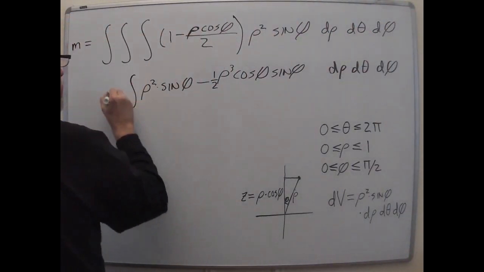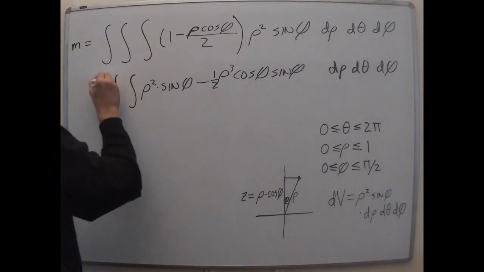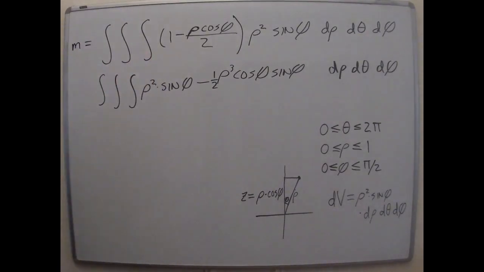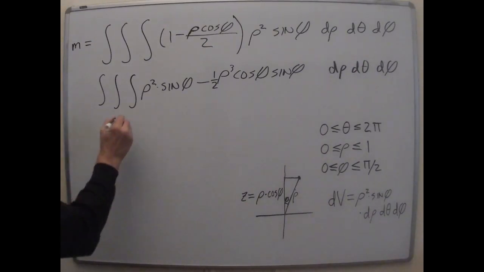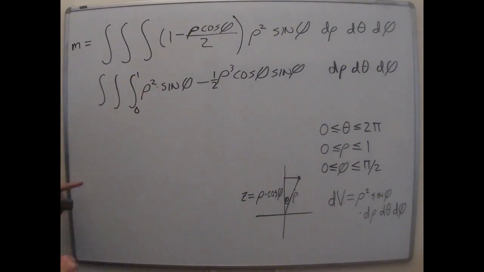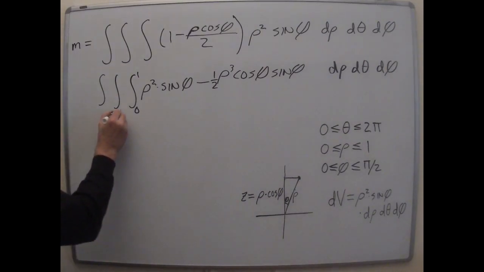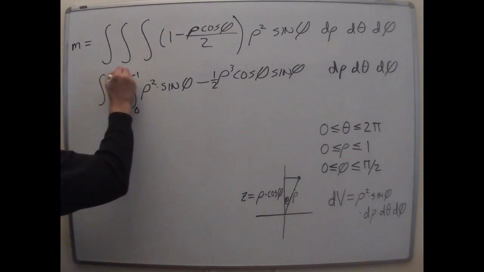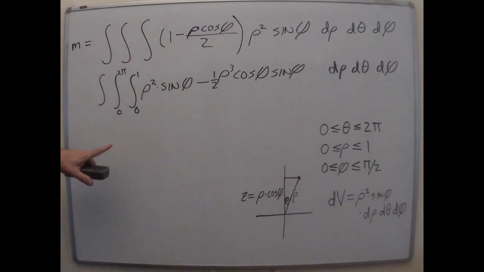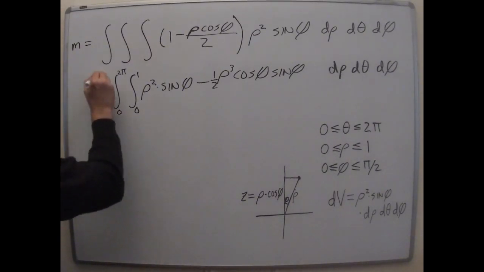What are our limits? I should have figured out what the limits were up there. The inner integral has the rho limits, which go 0 to 1. The middle integral has the theta limits, those are 0 to 2 pi. And the outside one is 0 to pi over 2 for the phi limits.